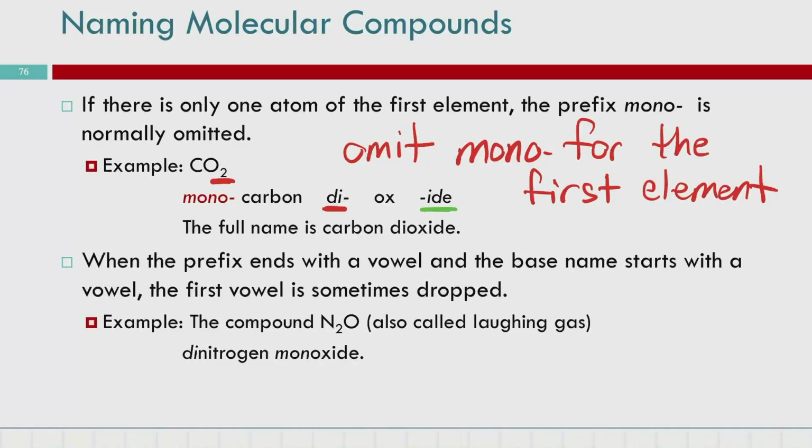There are also some cases, you won't get marked points off if you don't get this perfectly right. There are cases where, like in N2O, oxygen starts with an O. The mono prefix that goes in front of it also ends with an O. So we would shorten this to monoxide instead of monooxide.